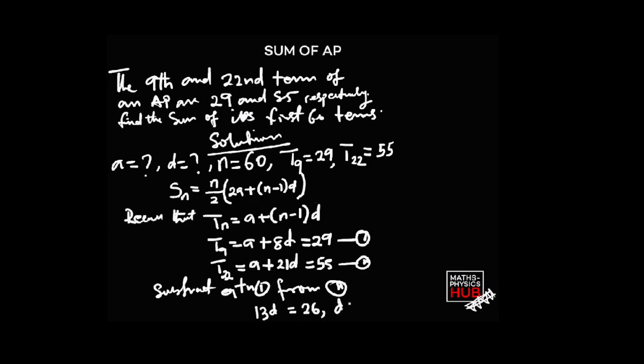That simply means d equals 26 over 13, which is 2. We have gotten the common difference. Now take it down so that we can find the first term. Quickly take it down.